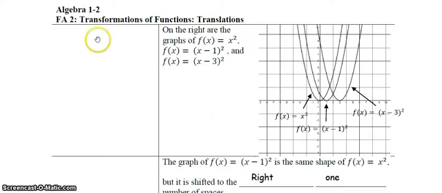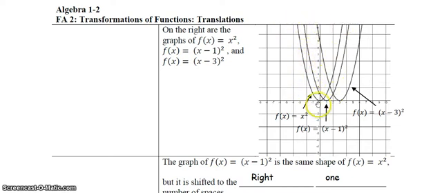So for these first ones, we've got three graphs: x squared, the quantity x minus 1 squared, and x minus 3 squared. Here's x squared right here. That's our basic, our original function. Here's x minus 1 quantity squared, x minus 3. What happened to x squared to get x minus 1 squared?